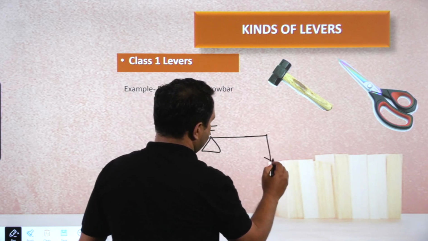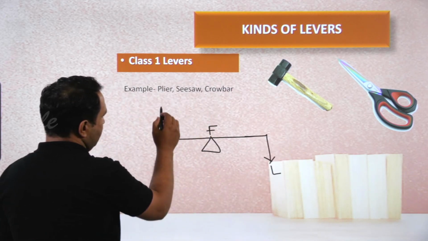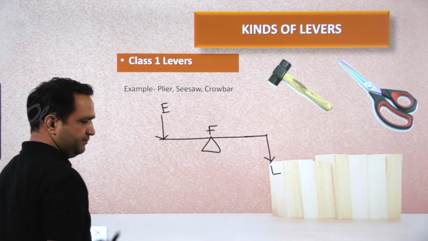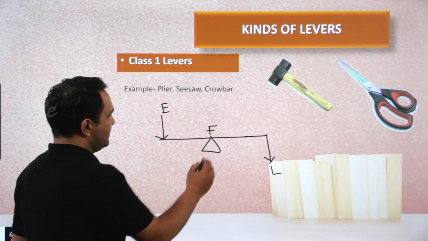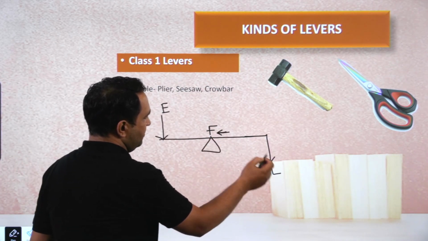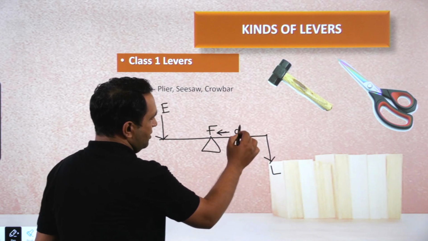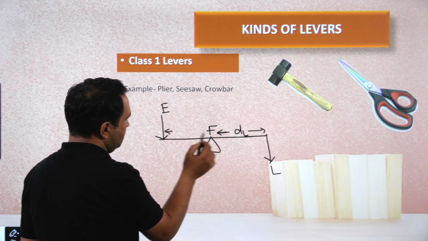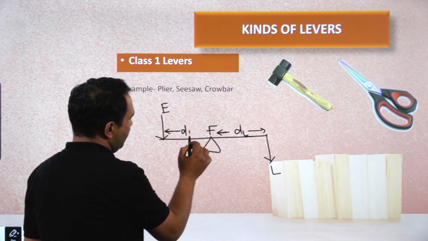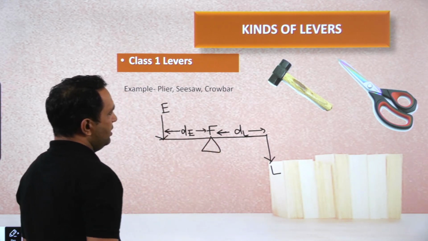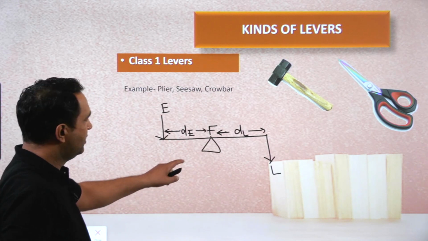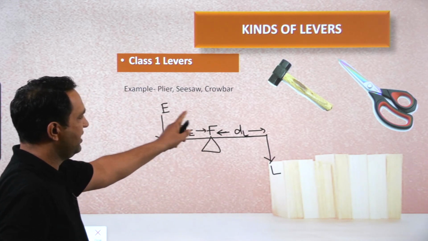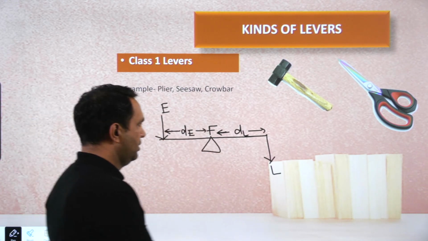Here we are keeping some load, and here we are applying some effort. The distance from fulcrum to load is known as the load arm, and the distance from effort to fulcrum is known as the effort arm.